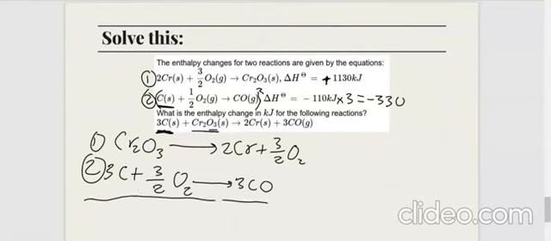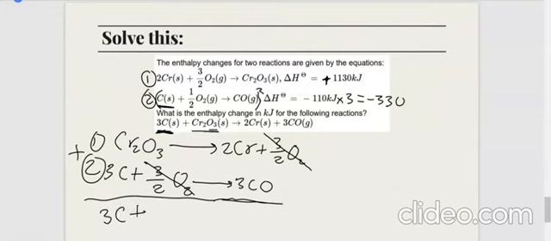So now we are on the last step, which is adding the 2 equations. We can cancel certain things such as 3 over 2 oxygen and 3 over 2 oxygen, because both of them have the same element, which is oxygen, and both of them have the same value, which is 3 over 2, so nothing is left. And we can't cancel anything else, so let's write the final equation.